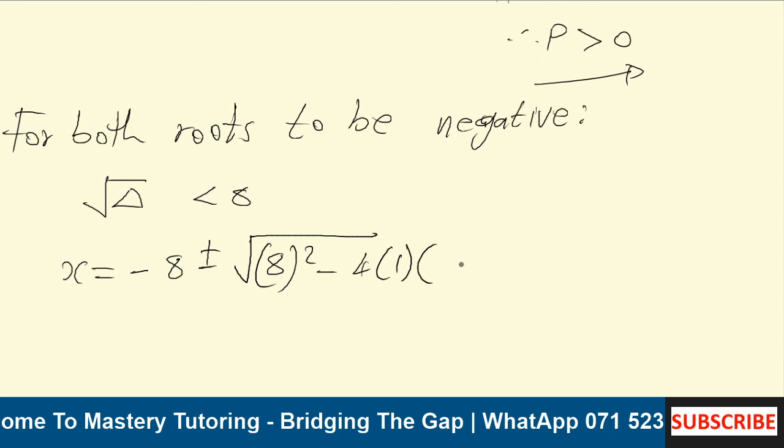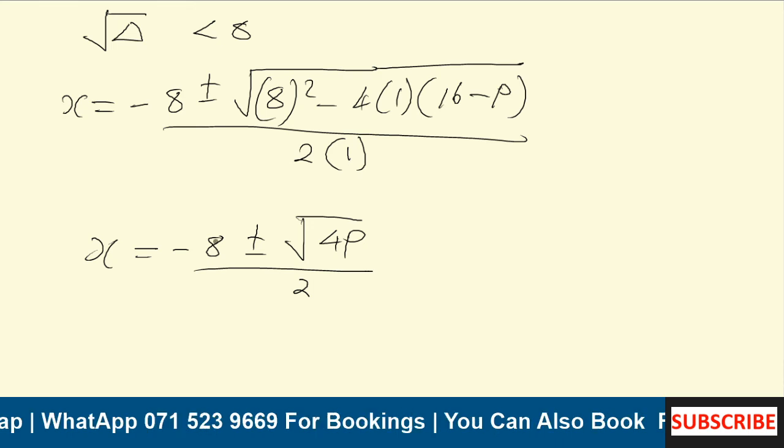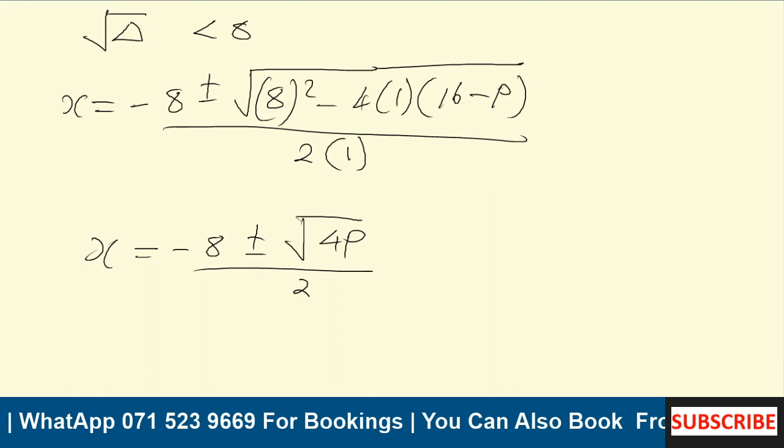So the number under the square root sign is going to be equal to 8. Now, for the roots to be negative, it means that the square root of 4p should never be greater than 8. Because if, for example, it is 9, then the roots are going to be positive. Any number greater than 8, the roots are positive, and we don't want that to happen. So this is how we restrict it, and this is where this part comes in.